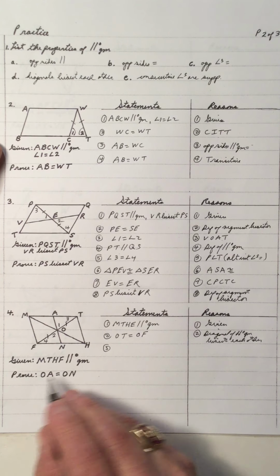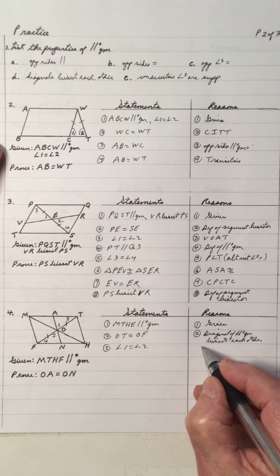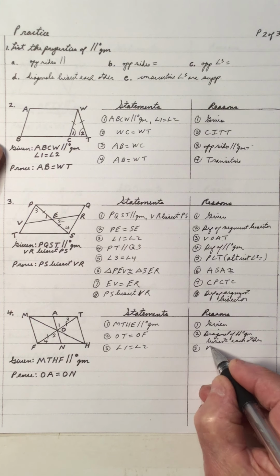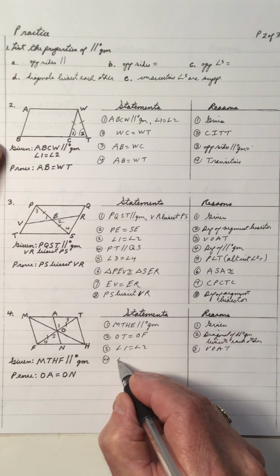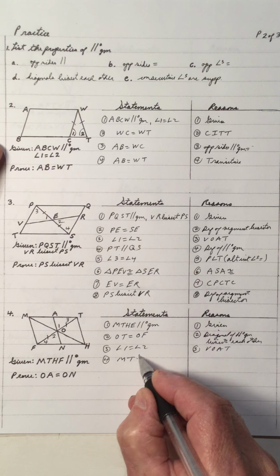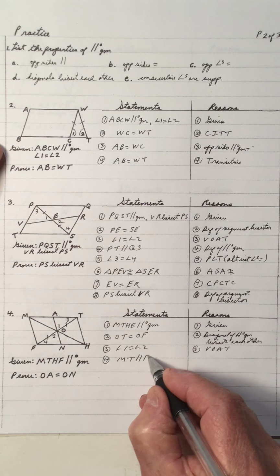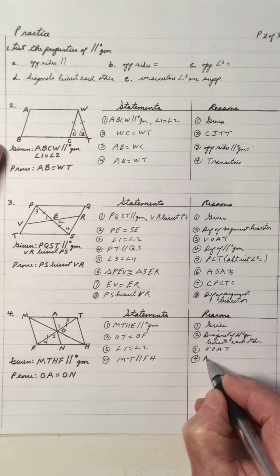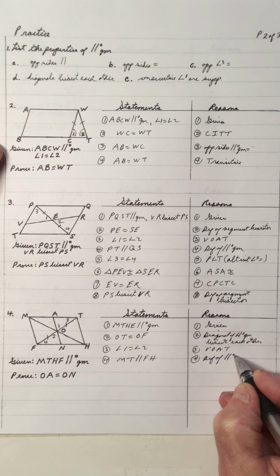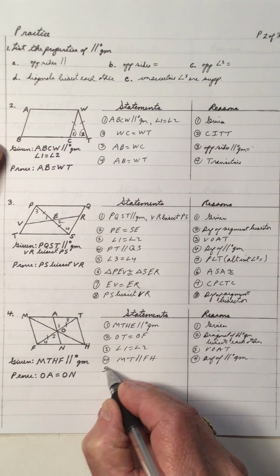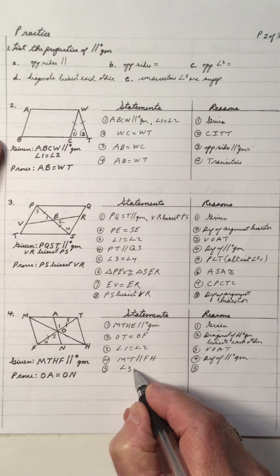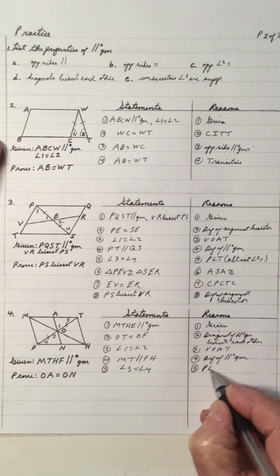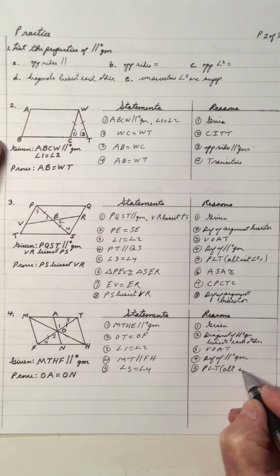And number 3, I have angle 1 equals angle 2, and that's VOAT. Number 4, I got MT is parallel to FH, definition of parallelogram. And number 5, I have angle 3 equals angle 4, PLT, alternate interior angles equal.